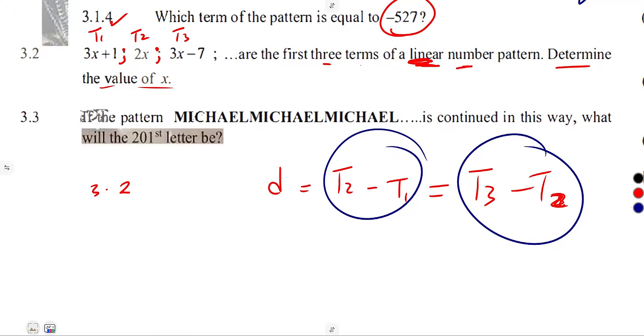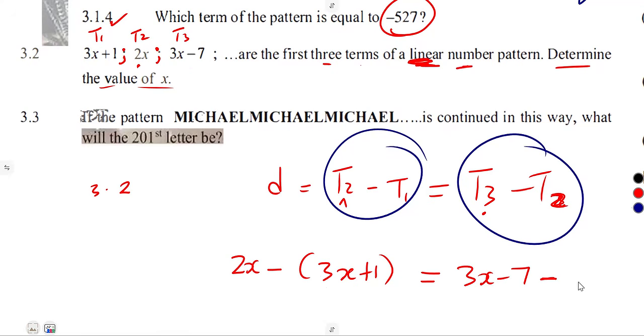So let's form an equation. What is our T2? That is 2x. So 2x minus T1. Our T1 is 3x plus 1. So it's an expression, put it in a bracket: 3x plus 1, must be equal to T3. Our T3 is 3x minus 7, minus T2.